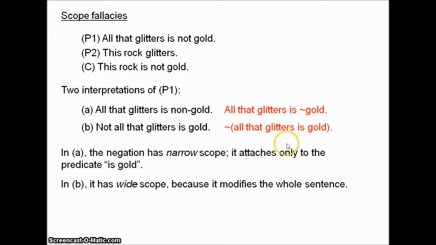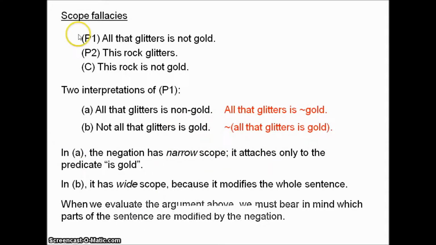So, not all that glitters is gold. The whole sentence falls within the scope of the negation. So when we're evaluating arguments like this, we have to bear in mind which parts of the sentence are modified by the negation, and sometimes the superficial grammatical appearance is misleading.